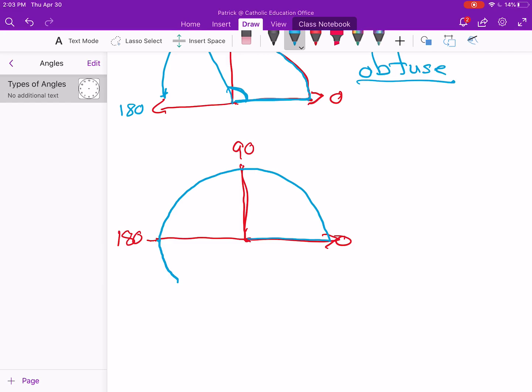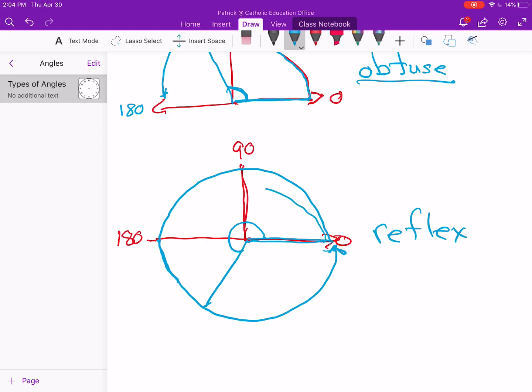And anywhere from here all the way down the bottom, so this whole part on the bottom, all the way up to 0, that is called a reflex angle. And so it started here, and it went maybe all the way, I'm going to do it here, let's say like this. So it went from here, turned all the way around, and stopped here. And that's why that turn is on that side of the angle. This is called a reflex angle.